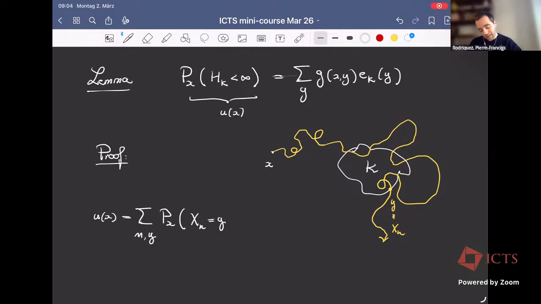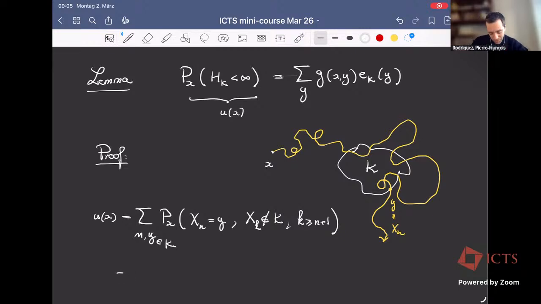The fact that at time n you're in y already guarantees in particular that you will hit K, because y here is a point in K. And then y was the point where I last visited K. So I guess you want Xk not to be in K for any k greater or equal to n plus 1. It's just a partition of this event.